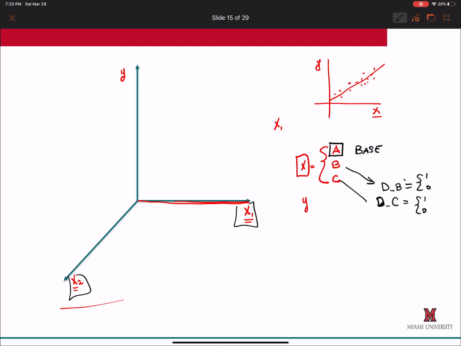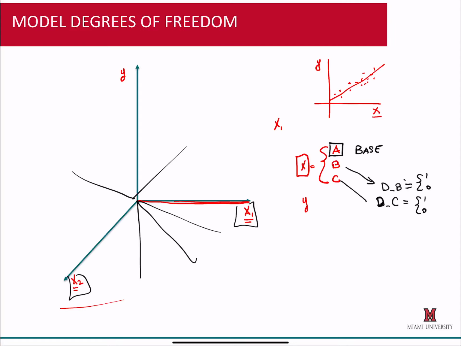We can only look at 3 dimensions at the same time. So if we were to visualize adding more variables, it would be like adding extra axes into this dimensional space. It's not possible to visualize that in this way. But just think about it this way: the more variables we have, the higher the dimensional space.